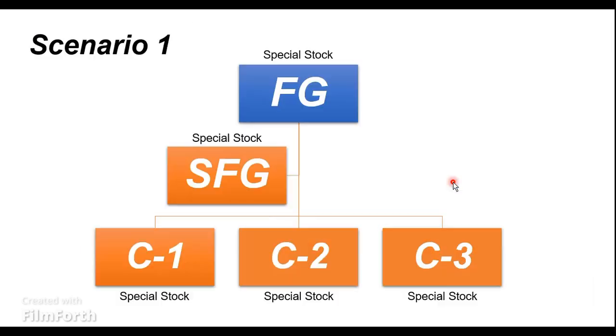So here in the make to order scenario, this would be the standard way the planning of the raw materials or the finished product will take place in SAP in case we go with make to order. So the first thing is the finished product for which we are going to create a sales order in case of a make to order.